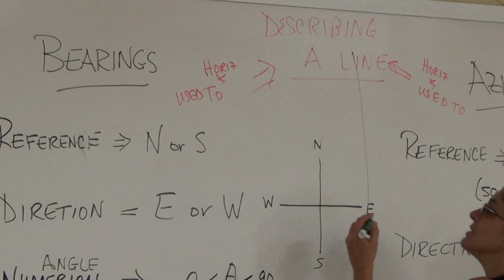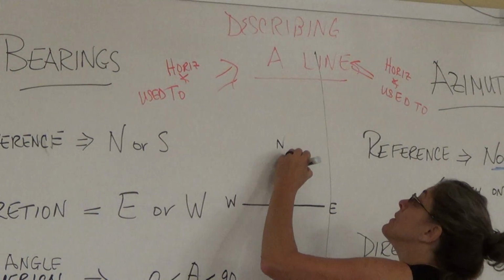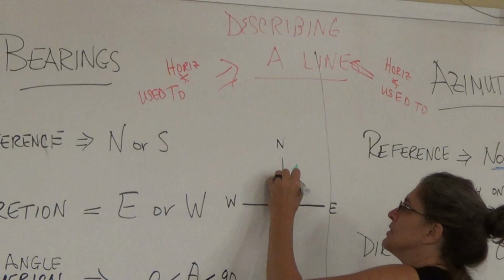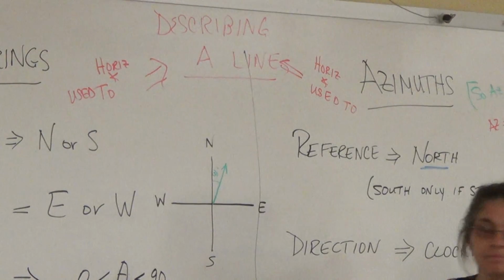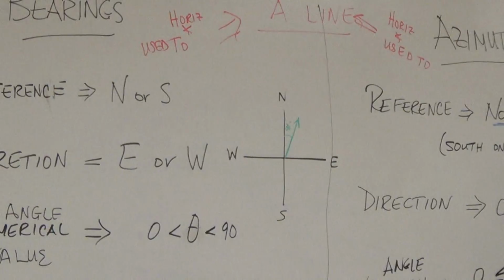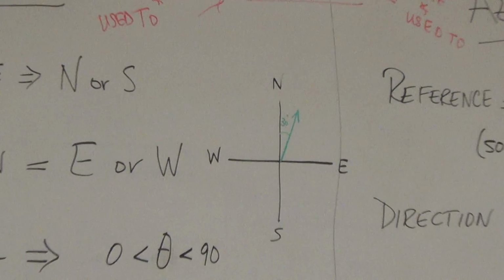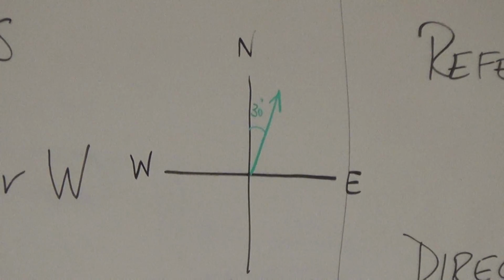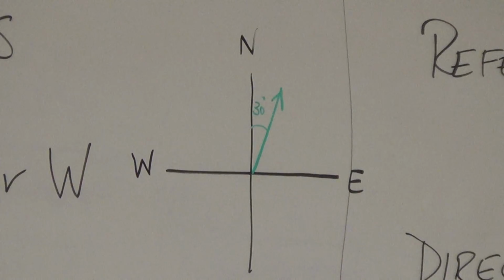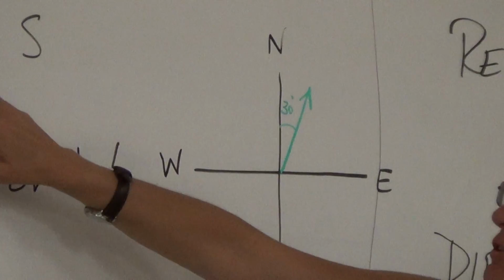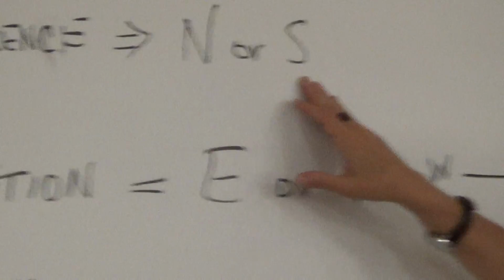So let's say 30 degrees. Where azimuths are always measured from the north, bearings can be measured from the north or the south.